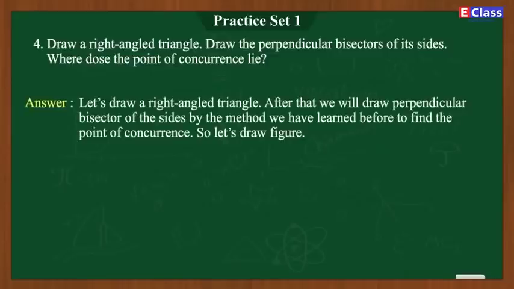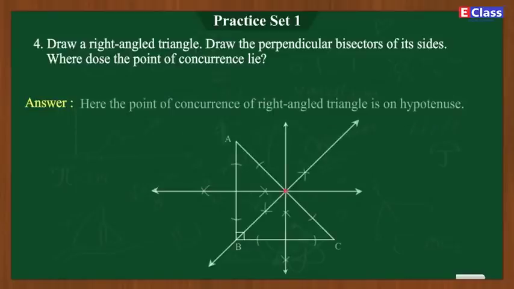After that, we will draw perpendicular bisector of the sides by the method we have learned before to find the point of concurrence. So, let's draw the figure. Here, the point of concurrence of right-angled triangle is on hypotenuse. Now students, please solve the remaining 5th question yourself.